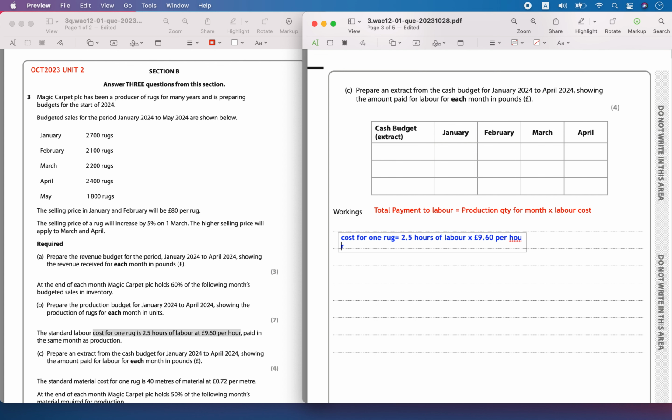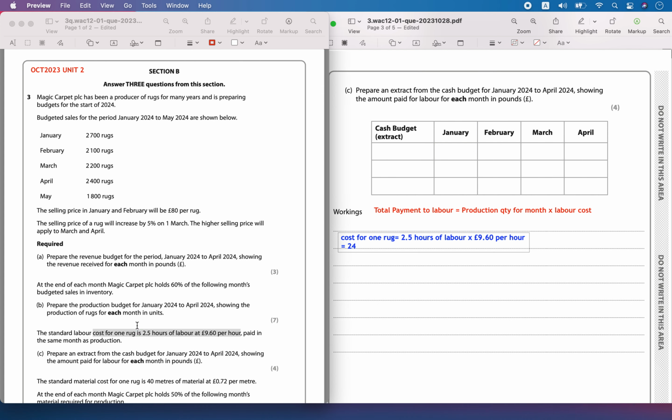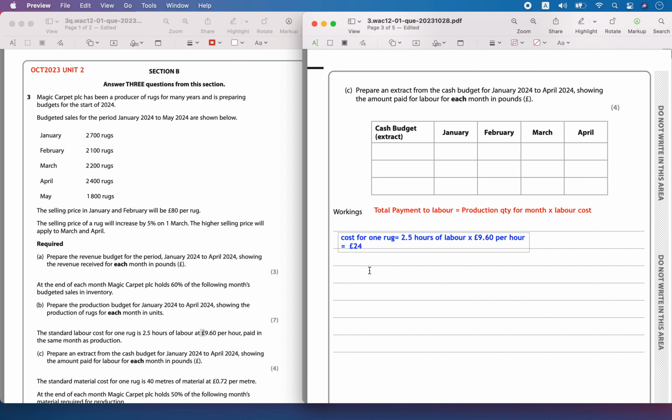So that is going to be equal to 24 pounds, 2.5 into 9.6. That is the amount you have to pay them.